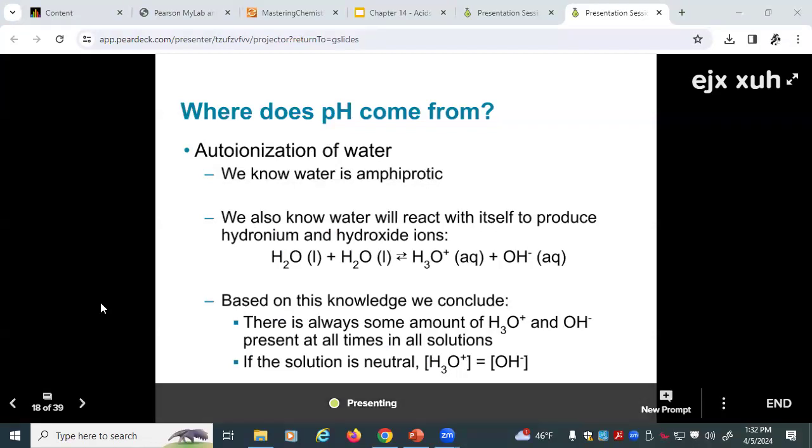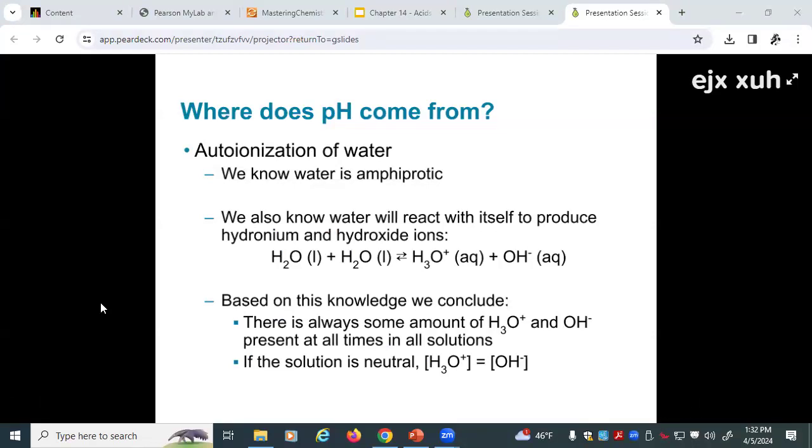Now, the pH scale and the values that we have come from that pH scale are based on a phenomenon of water called autoionization. What does that mean? Well, in simple terms, water in its great abundance actually has the ability to act as an acid-base reaction with itself.